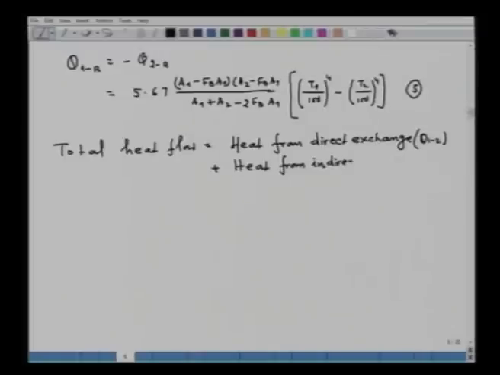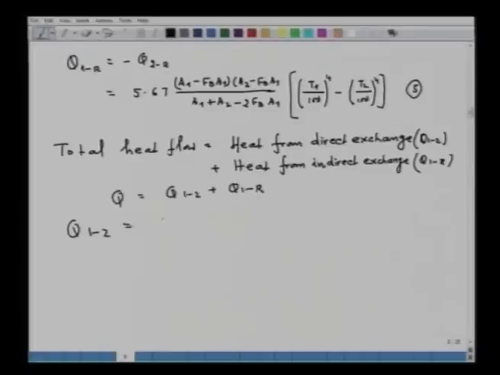So, that will be, let us say, equal to Q1 to R. Therefore, total amount of Q will be equal to Q1 to 2 plus Q1 to R.